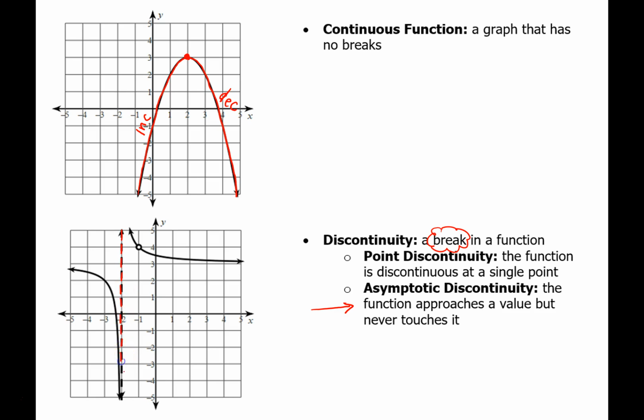And what's happening on the left here is that our function is going from left to right. We're decreasing, we're going down. And then as it gets closer to this asymptote, it gets really, really close, but it doesn't ever actually touch it.